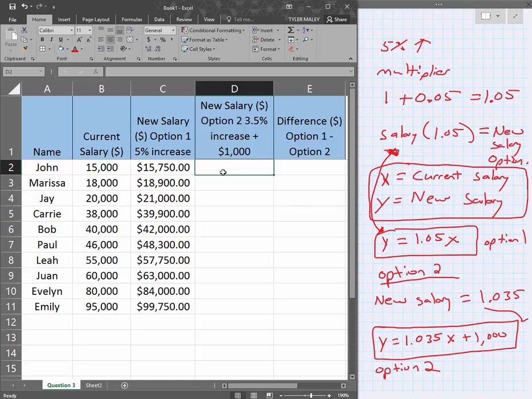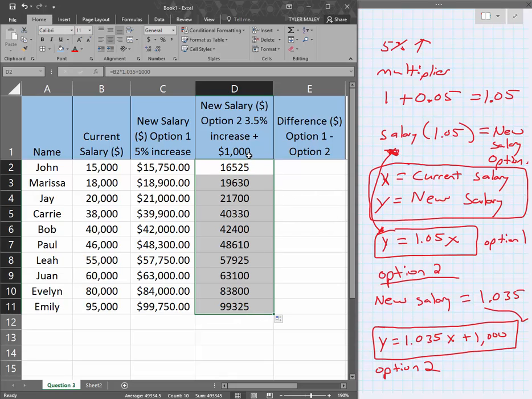So now we can go ahead and plug this into Excel. If I want to calculate the new salary, I want to take my current salary, which is this box, times 1.035 plus 1,000. If I hit enter, it'll calculate that amount. I can again put my cursor there in the corner and drag this down, and that will calculate them all the way down for me.